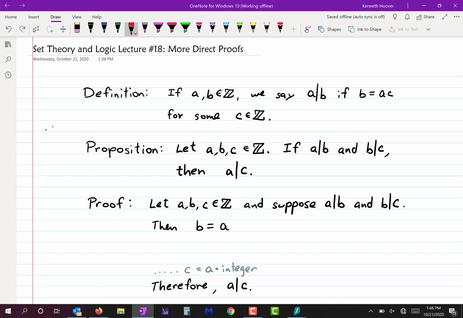Okay, so because a divides b, then b equals a d for some integer d. Okay, and we might as well go ahead and say as well that c equals b times some integer, right? What do you want to call it? You want to call it e?